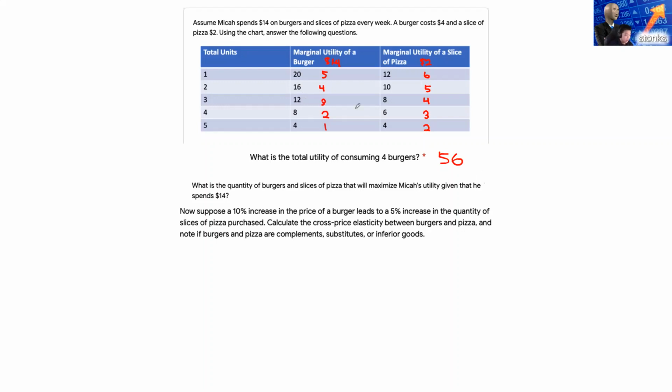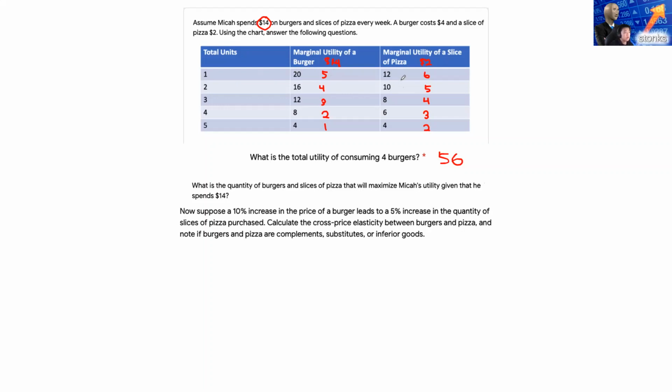And the second one, let's see which one matches. We know that our budget is $14. If we calculate, so let's say we buy 1 unit of burger, that means we buy 2 units of pizza.